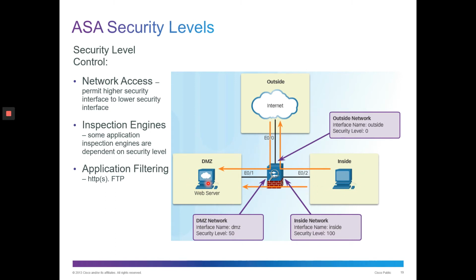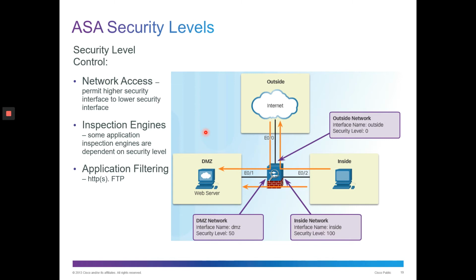But this is not the case with the DMZ. The DMZ is slightly different, where you can have outside traffic going into the DMZ, because this is what the DMZ is for. These levels mainly apply when you have an inside network, which can have access to any lower level networks, for example outside or DMZ.